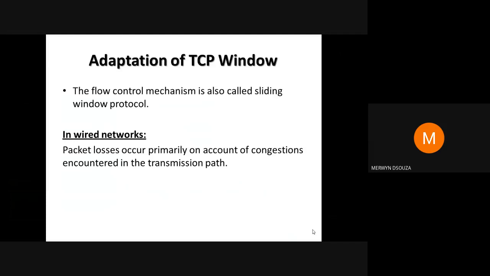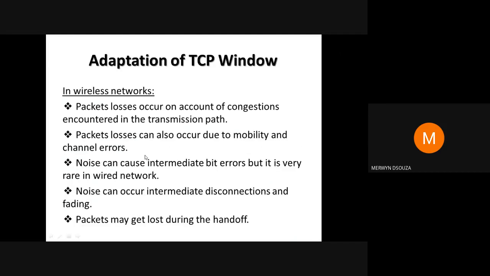With respect to wireless networks, one reason packets could get lost is again congestion. The second reason could be that when the transmission started you were in range, but as the transmission proceeded, you moved out of range, so you lost the connection.